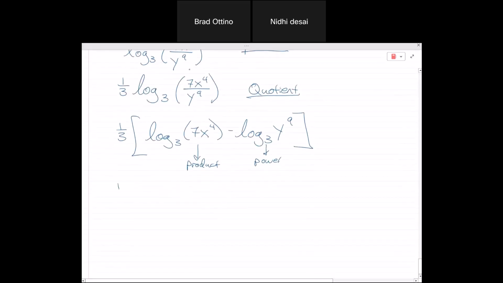So I'm going to write this 1/3 times the log base 3 of 7 plus the log base 3 of x to the 4th minus 9 times the log base 3 of y.